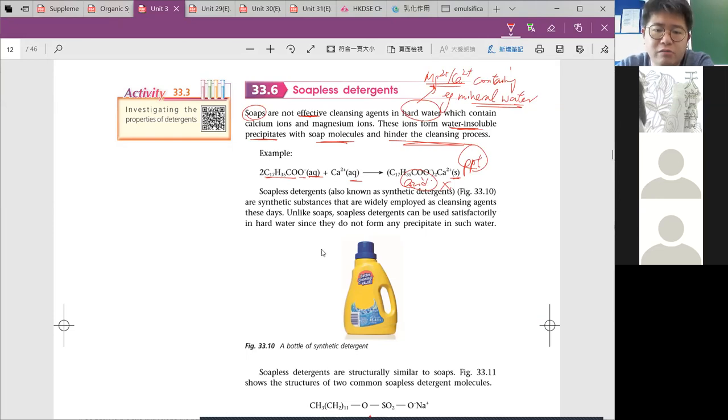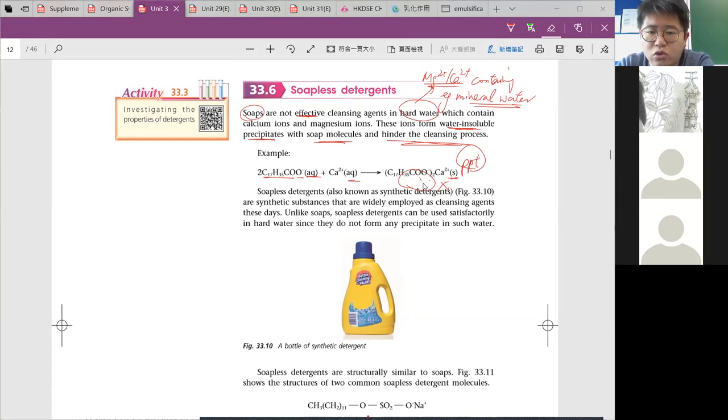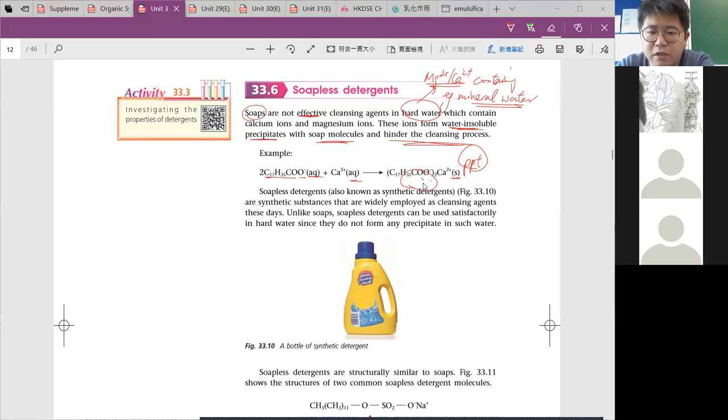What's more about acid? Acidic medium. How come the acidic medium is no good? So I would like to put this part, acidic medium, on the left hand side here. In acidic medium, what will happen to the soap particles? For example, I mark this slide. I copy this one as an example, C17H35COO-, in acidic medium.